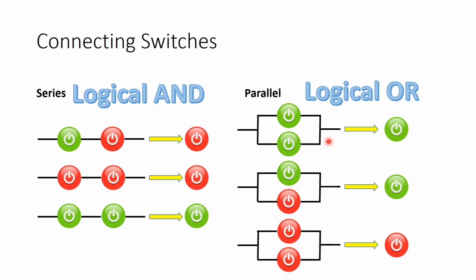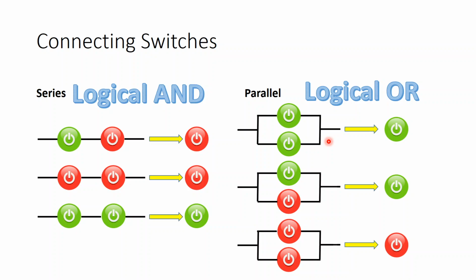So what happens is that the connection of switches that we can do within the computer is basically taking the shape of logical AND and logical OR operations. So when we are working with computers, we have to understand how the logical AND and logical OR operations manipulate the various logical elements on which they are operating.